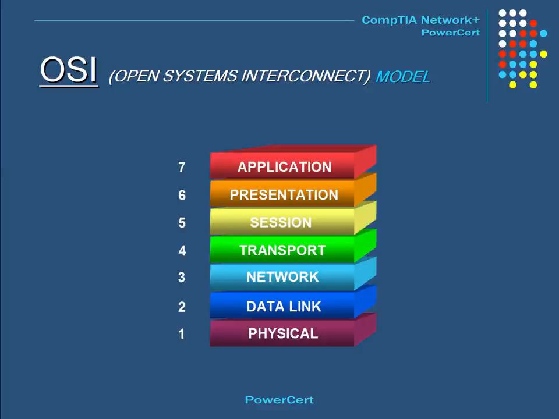It does this by breaking down this huge task of data communication into 7 different layers, giving control of the data being sent from one layer to another. These layers are numbered from 1 to 7, starting from the bottom. They are the physical, data link, network, transport, session, presentation, and application.